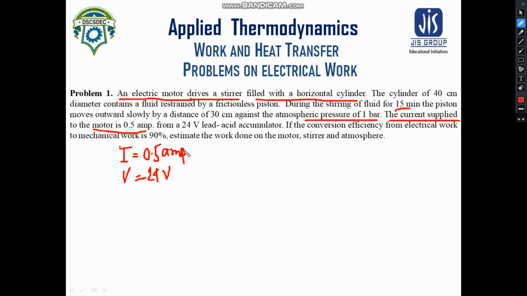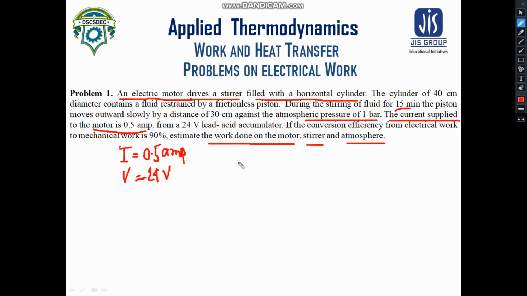So now our question is that we need to calculate the work done on the motor, stirrer, and the atmosphere. So let us start with the work done on motor. We had just discussed the formula of work done on a system by the help of electrical energy.